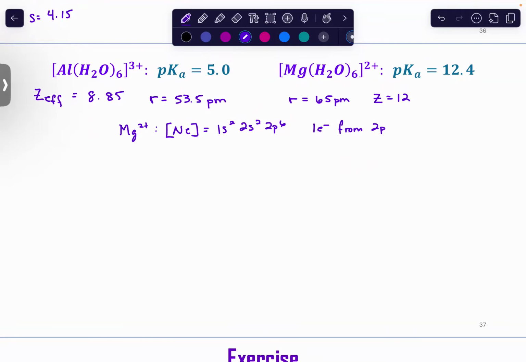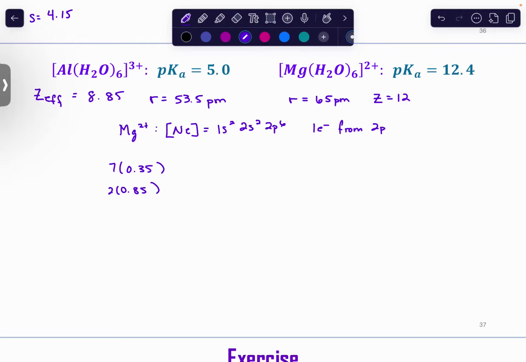So it'll be 7 times 0.35, is that right? Yeah, so you're going to have 7 times 0.35, and then 2 times 0.85.